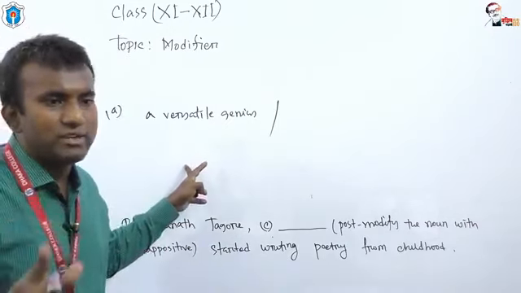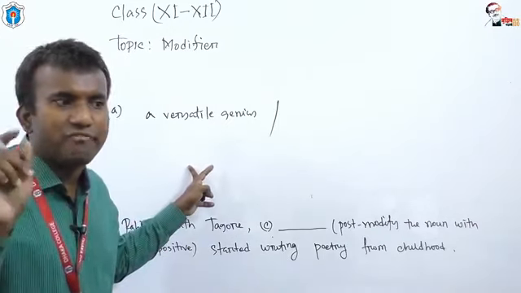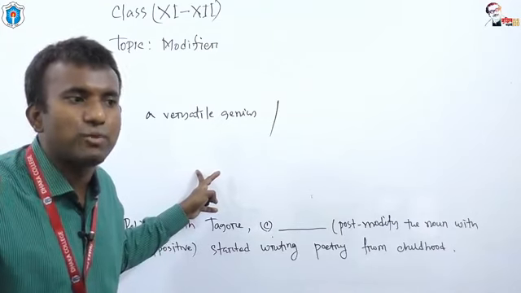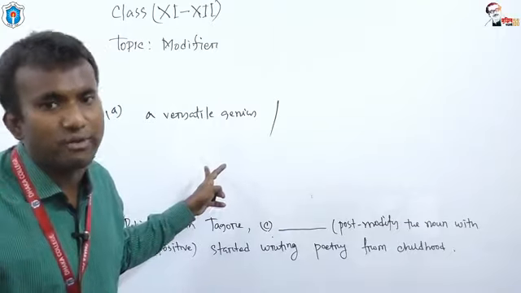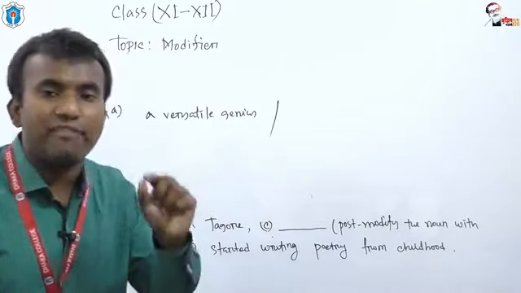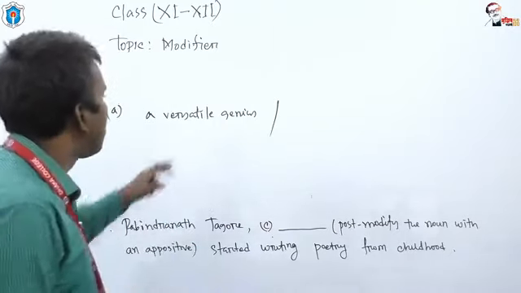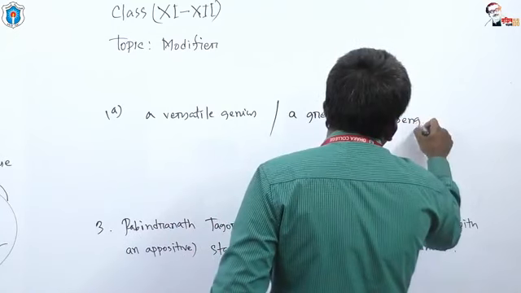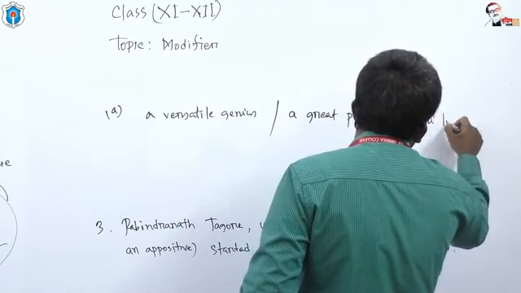You can't write "is famous poet." You can write a famous poet. You cannot write "is a famous poet." Okay, you should write a famous poet. Okay, can I say a great poet of Bengali literature?